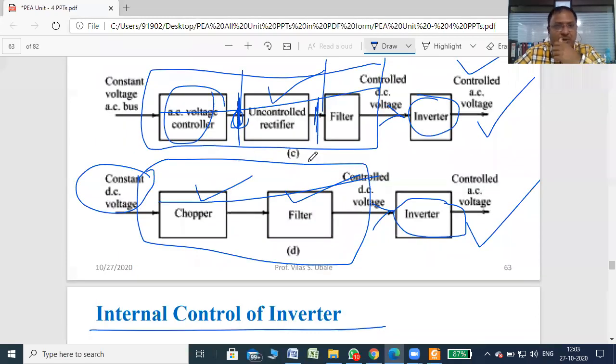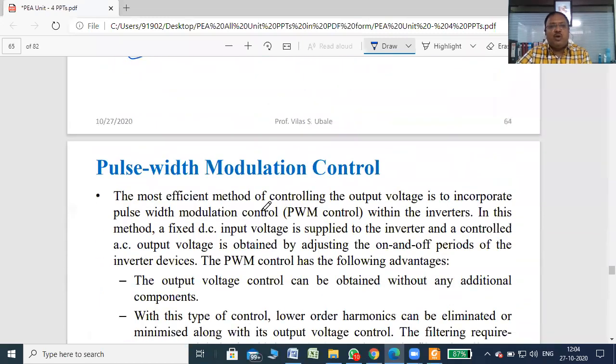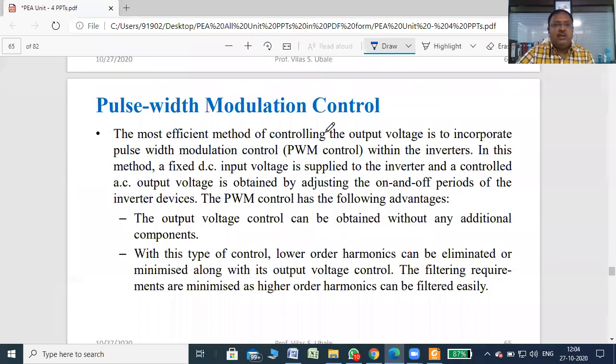No problem, students are joining, the attendance is increasing, so maybe the connectivity issue is solved. Okay, so pulse width modulation control is the next part, right?